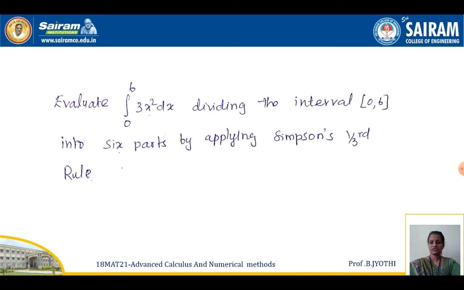Let's have an illustration. Evaluate ∫ from 0 to 6 of 3x² dx by dividing the interval [0, 6] into 6 equal parts, applying Simpson's 1/3 rule.